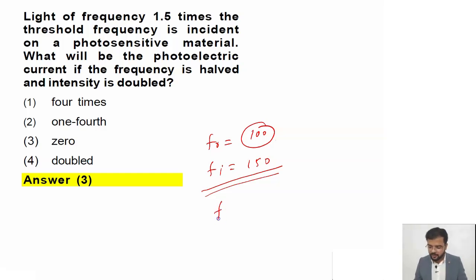So right now the frequency will be 75 Hz, and this is less than the threshold frequency. That's why photoelectrons will not be emitted from the plate. That's why the answer will be 0.